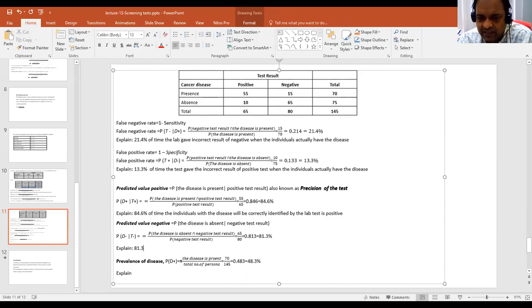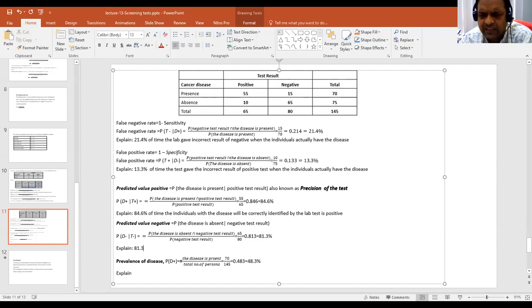The main theme: when an individual doesn't have the disease, the test result is also negative. What is the probability? It is 81.3% of the times that individuals who don't have the disease are correctly identified by the lab with a negative test result. This is the predictive value negative. Please pause the video, write it yourself, then match with me.